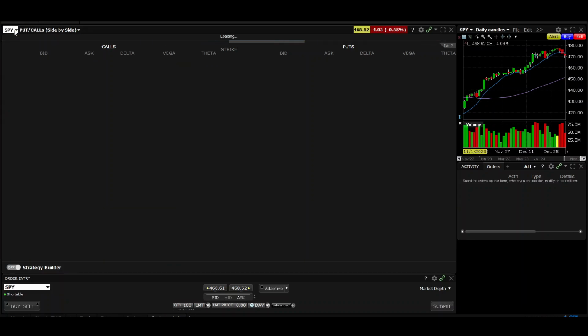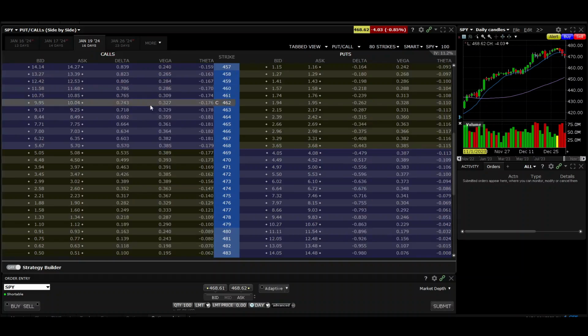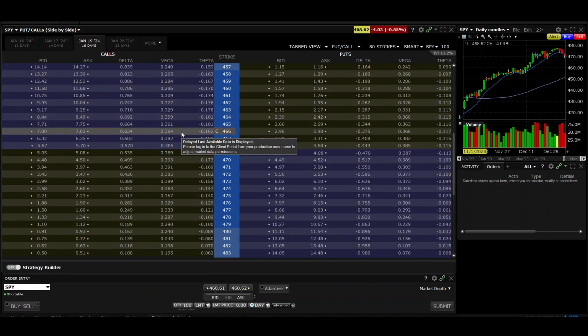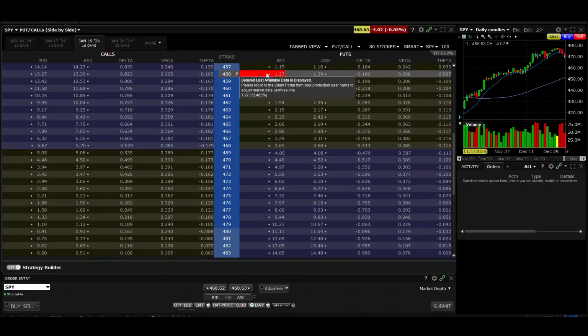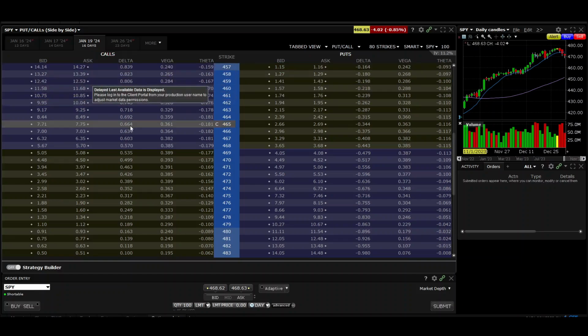So you can think of the options chain as a multi-dimensional array, a multi-dimensional table. Let's call the rows of the table the vertical dimension, and also think of the columns of the table as the horizontal dimension.